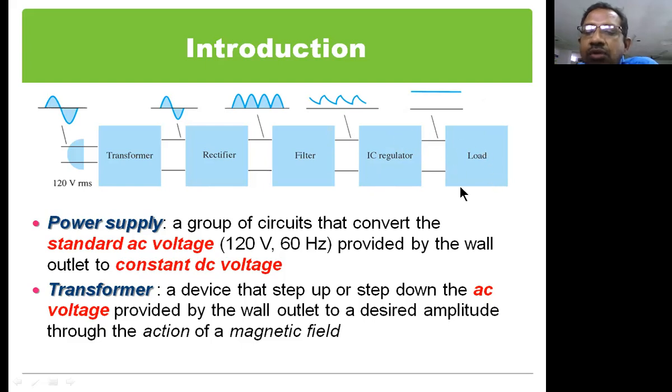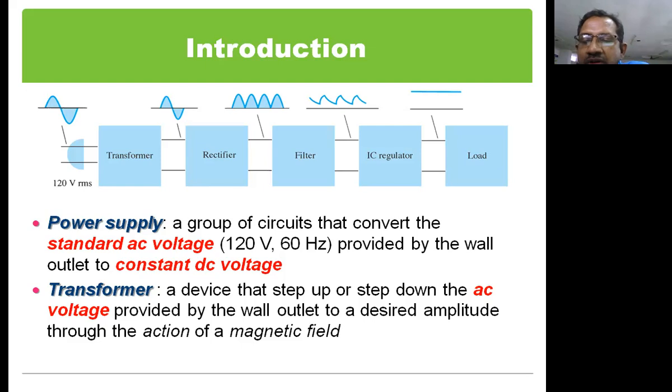Now, what is the meaning of load for this particular power supply unit? The load is nothing but the electronic gadget. The input resistance of the electronic gadget is known as the load resistance for us. An example of this is simply a mobile phone. What is the load resistance to the mobile charger? The internal resistance of the mobile phone is the load resistance of the mobile charger, or adapter.